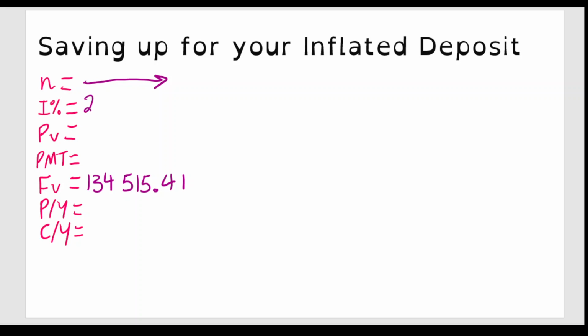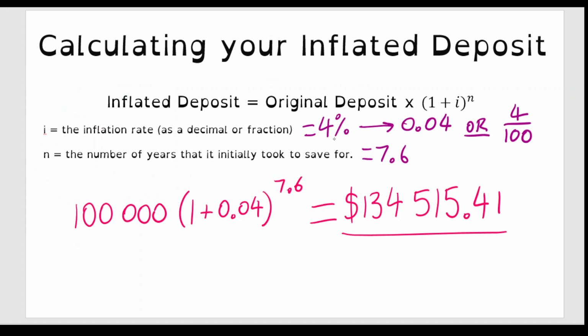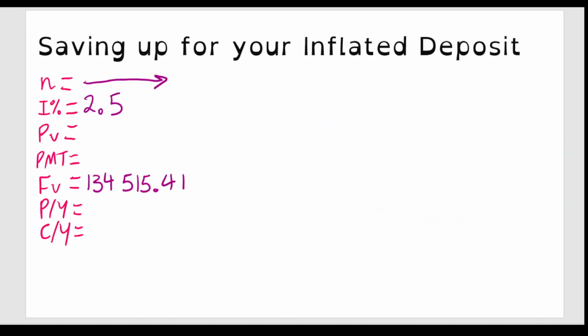Be careful not to get your interest and your inflation rates confused. The interest rate here is the percentage that the bank is giving you. The inflation rate here is the rate of inflation that is happening to your money overall. Again, PV is 0. PMT, we said that we can pay $1,000 a month. So there's 12 there as well, and 365.